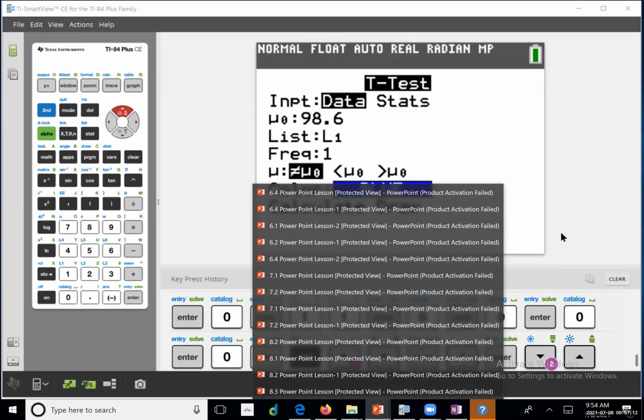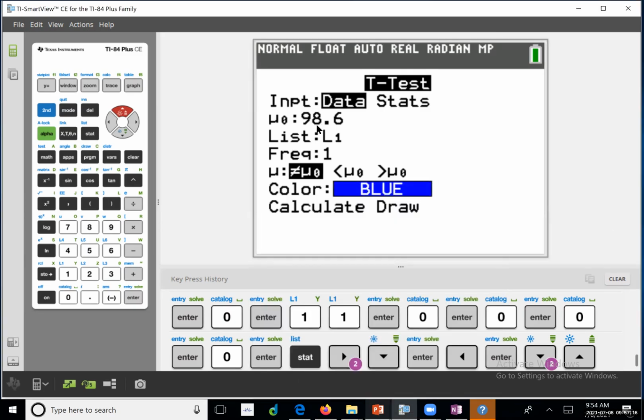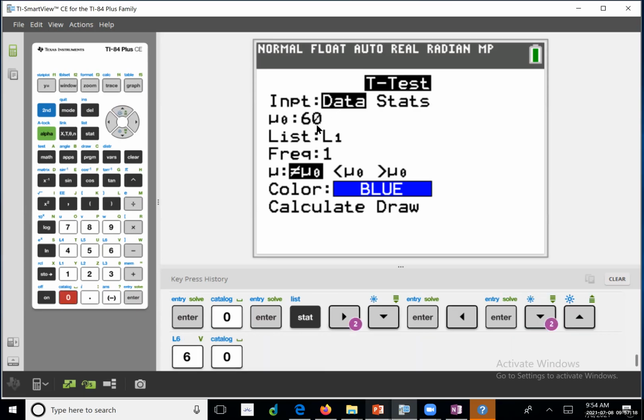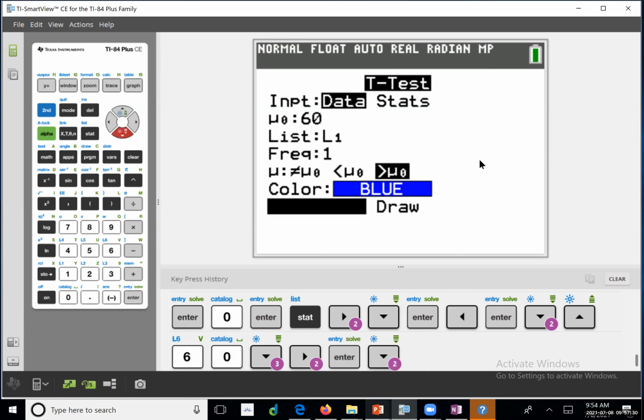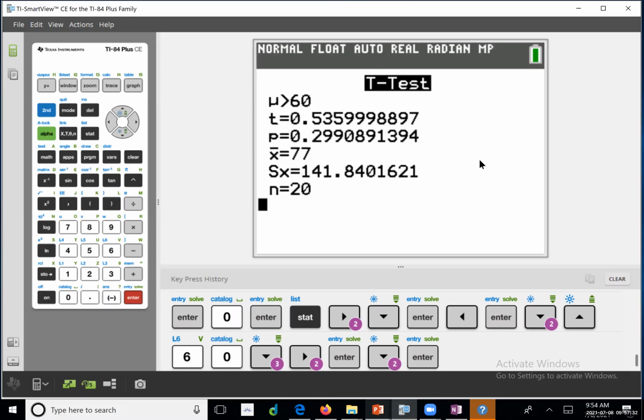Was it saying that it's more than 60 seconds, right? Okay, so more is the third option. More. And then you go ahead and calculate.